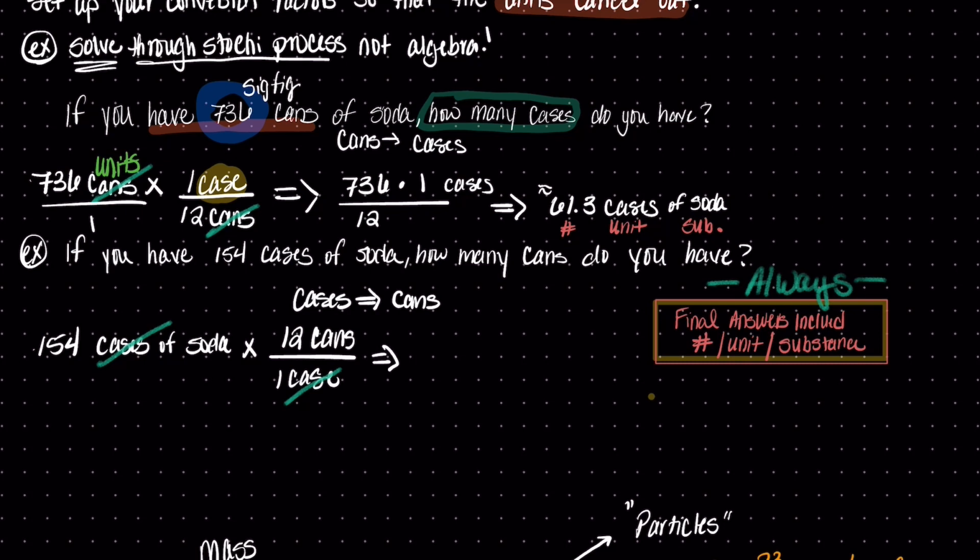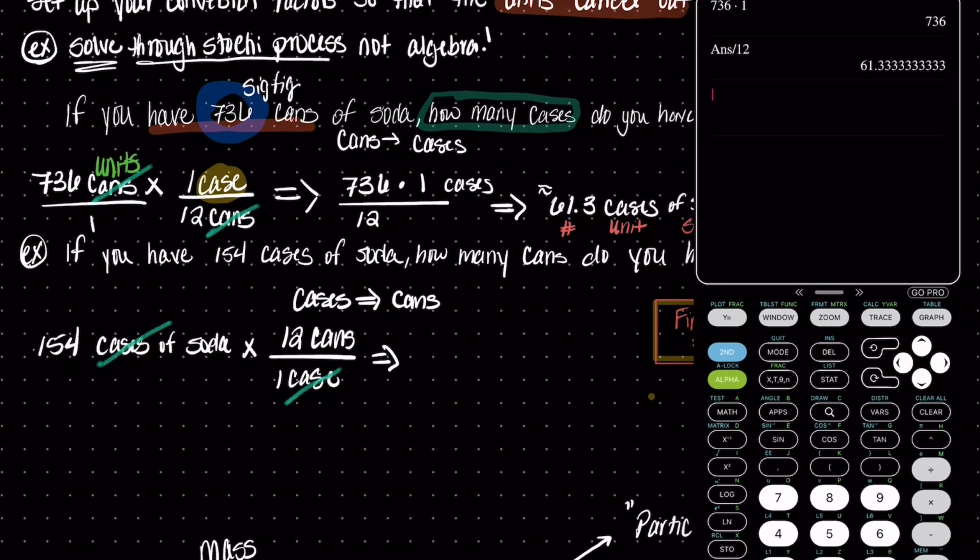So now I just do the math. Here we go. 154 times 12 gives me that. And of course, we can't forget about our bottom, but we're dividing by 1, so it doesn't really do anything. That's going to be 1848 cans. But how many sig figs do I have? I see 1, 2, 3.